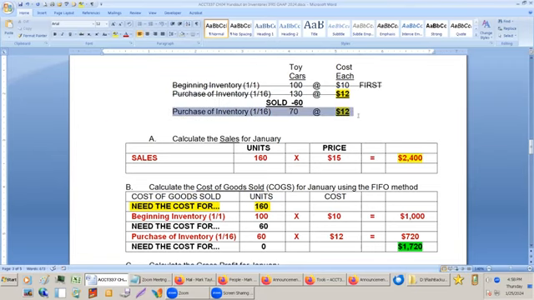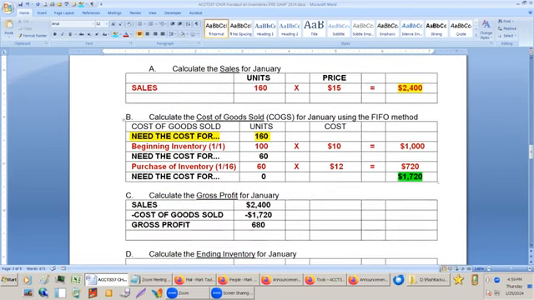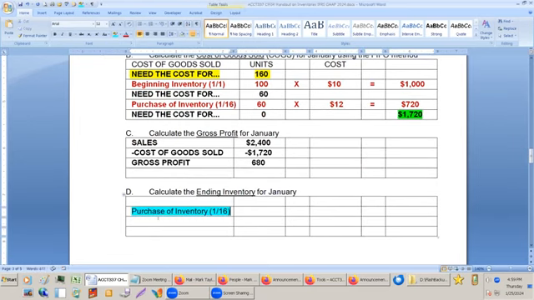So this is what's left in our ending inventory. This is what was not sold.